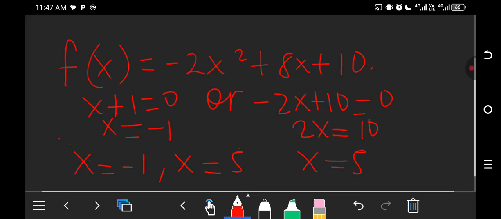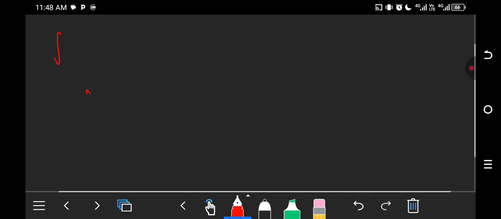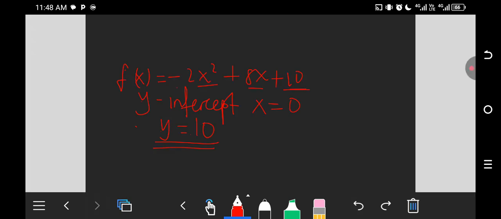Then the other thing you need to determine here is the turning point. To determine the turning point, you need to complete the square.